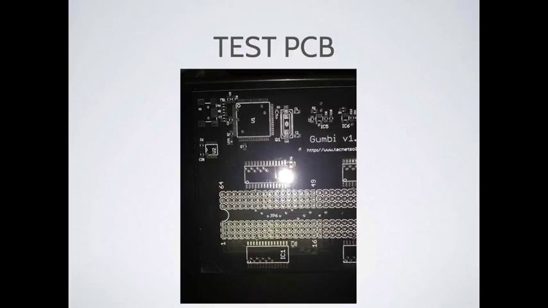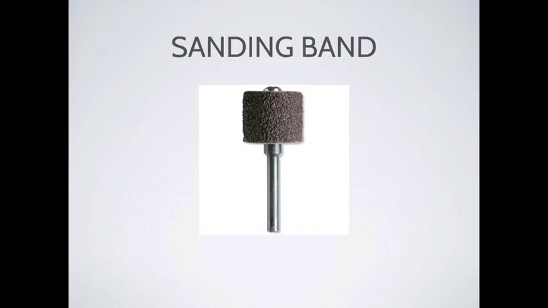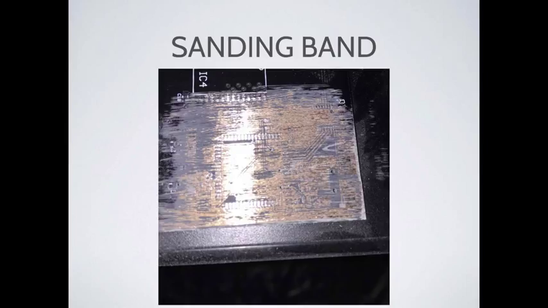So I started with the sanding band. This was a pain in the butt. The sanding band is not great. This very first picture was when I did not have the extender on the rotary tool, and it's really hard to keep it parallel with the board. So the band just goes along and actually ate up the sides of the board.